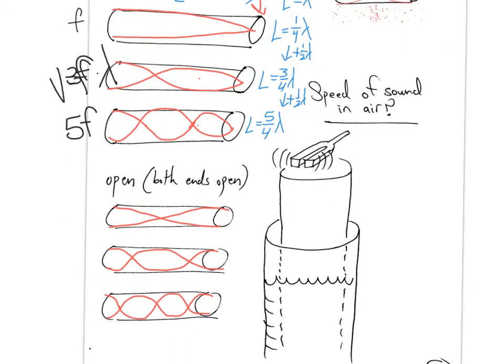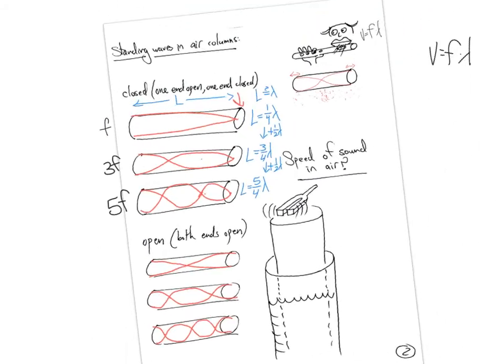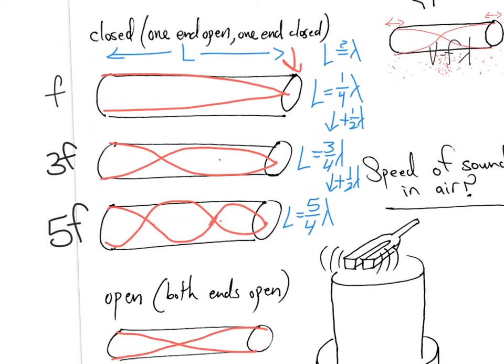If we look at the open air column, let me go back to that because I think that was unclear. Longer wavelength means lower frequency.